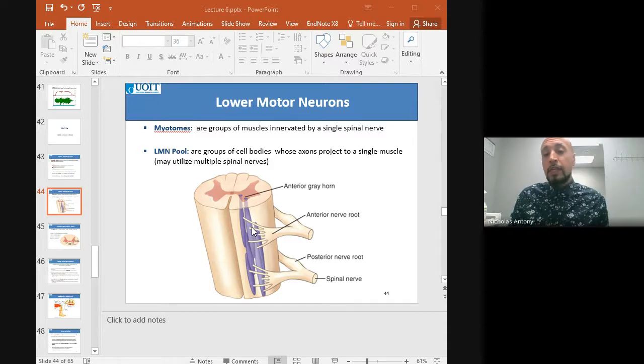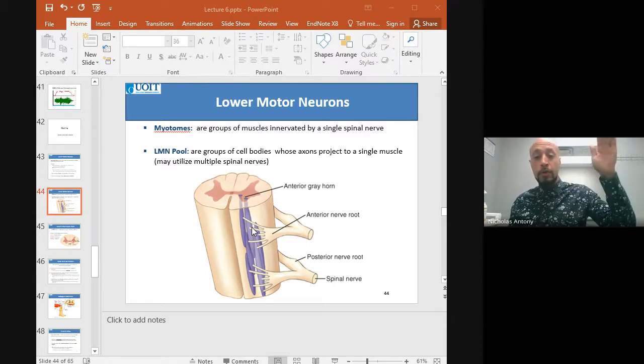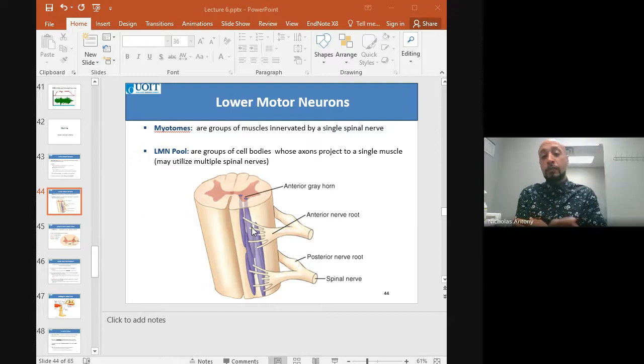So yeah, it could be the spinal cord, it could be the lower motor neuron, or what typically happens is, if we have an upper motor neuron lesion, it's not lack of reflex, we have clonus and we have spasticity.